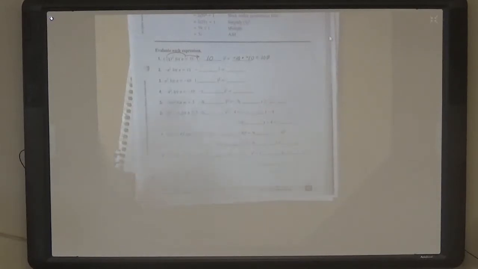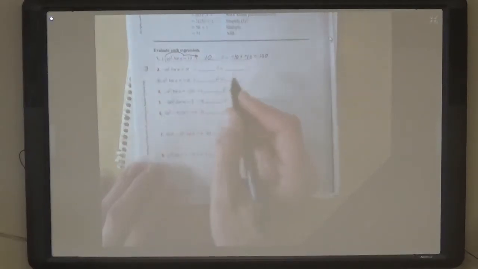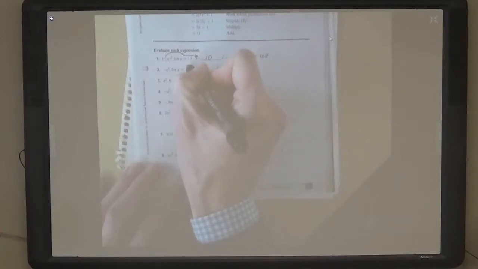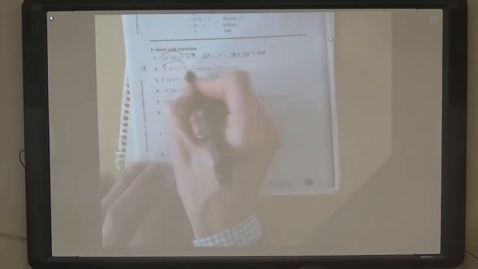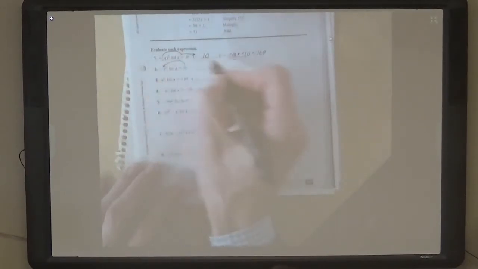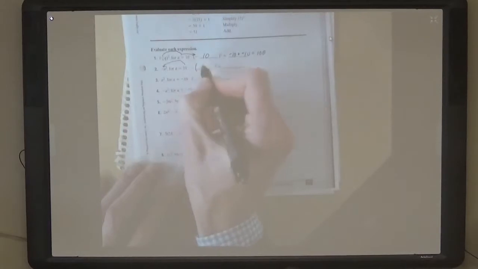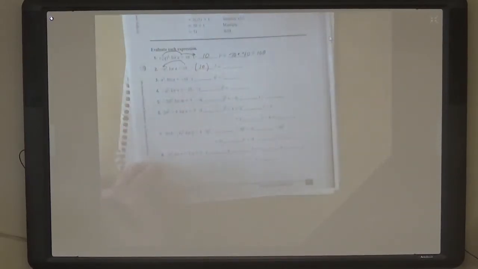Now, on the next line, the minus sign is outside, and there are no parentheses. So what we have to do is put this 10 in for just the letter A. So the minus sign, then put the parentheses and put 10, because the parentheses aren't written there.